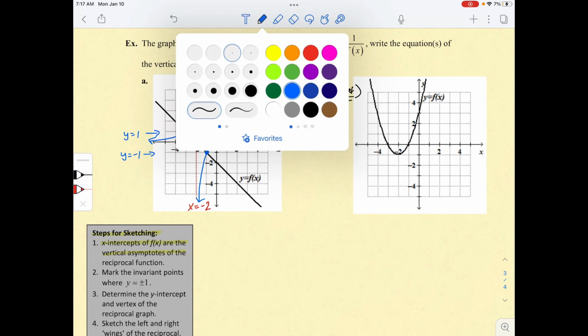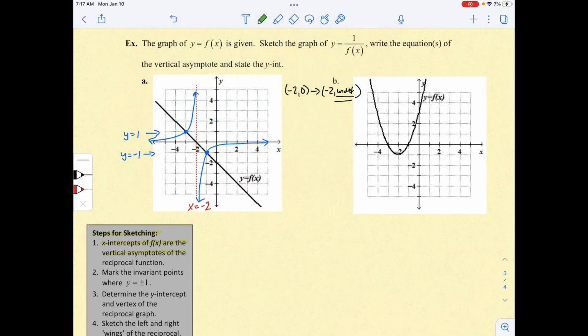Now, if I'm not sure, I can take individual points. There was a point here at -1/2, and -1/2 became -2. There was a point of -10, and -1/10 would become -10. Or if I think of the point here of -2, -2 is going to become -1/2.